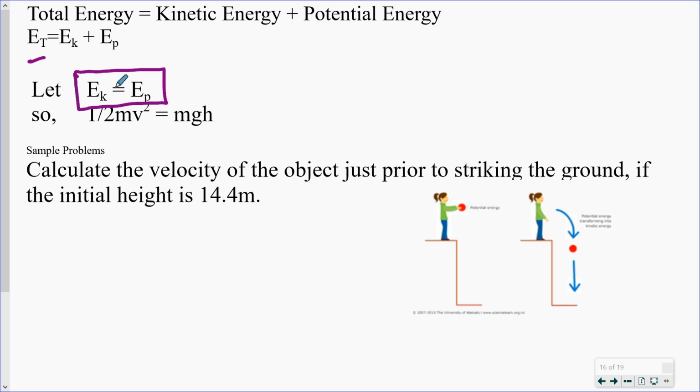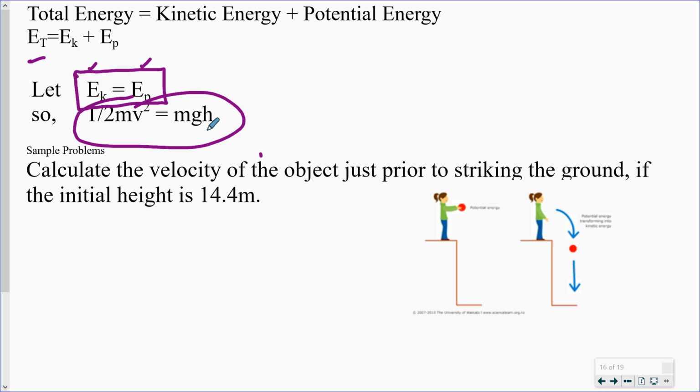And we know the equations for EK and for EP, so then we can say that these are equal. So there might be a time where the height is 0, so there would be 0 potential energy, and it would be all kinetic energy. There might be a point where the velocity is 0, and then there would be 0 kinetic energy and 100% potential energy. And that's what we're going to take a look at.